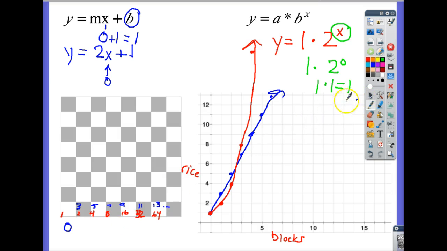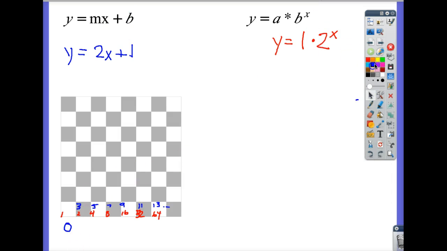So then you have to consider, why here am I multiplying and here x is the exponent? So let's talk about that for a moment. Just like when it's linear over here, x is how many times that thing is going to happen. So when we write something linear, y equals, I start with 1, and then I'm going to add 2 each time.